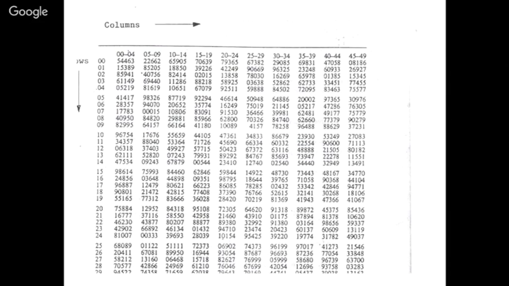Simple random technique is used for this problem because the characteristics of the population are homogeneous. There is not much variation between the IQ level of the boys and girls sitting in that fourth semester class.